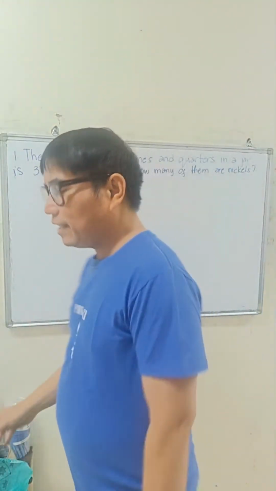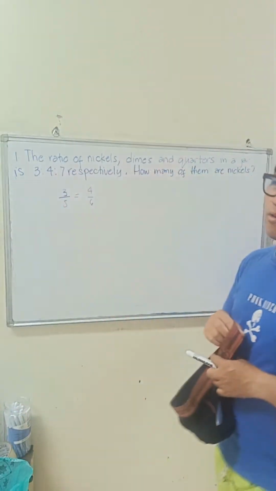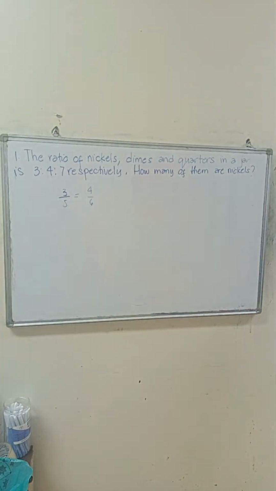The technique in ratio and proportion, and in all types of mathematical operations, is that what you do on the left, you also do on the right. If you are subtracting on the left, you also subtract on the right. If you are adding, dividing, or multiplying on the left, you do the same on the right. That is the secret in mathematical operations.